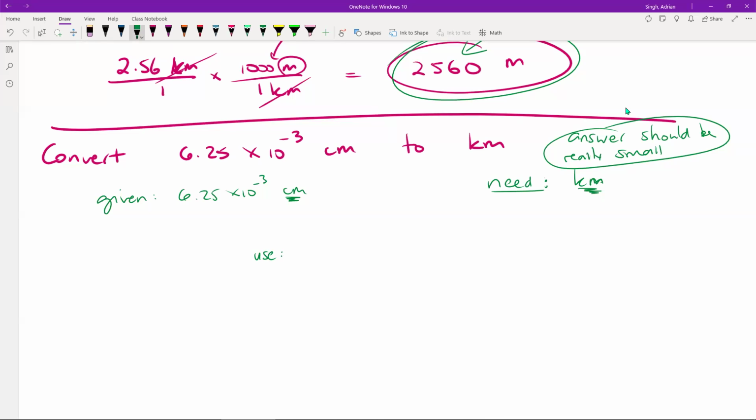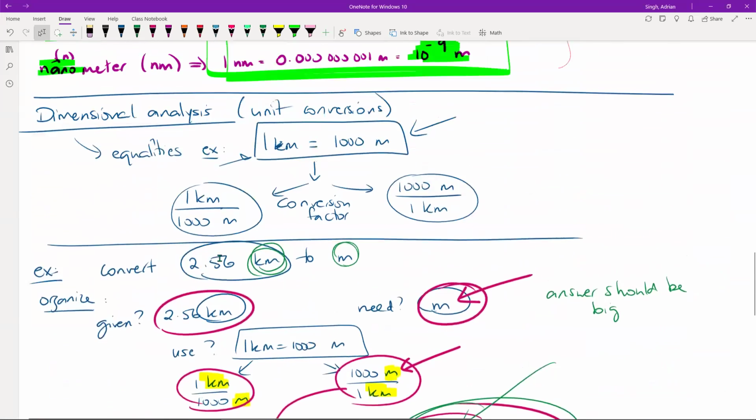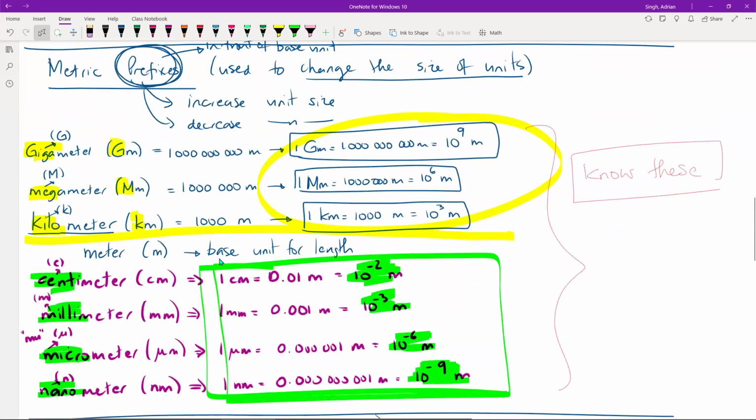So what am I going to use to get from centimeters to kilometers? Well, you may not know the relationship between centi and kilo, right? But we should know the relationship between centi and the meter, and then the relationship between meter and the kilometer, right? Because we related all of these metric prefixes to the base unit, which was the meter for every single one of these cases.